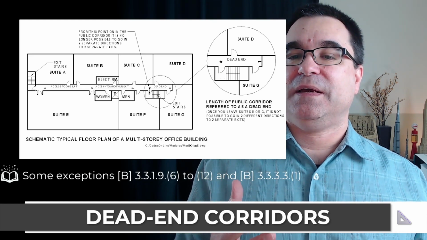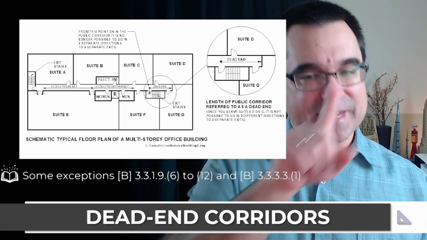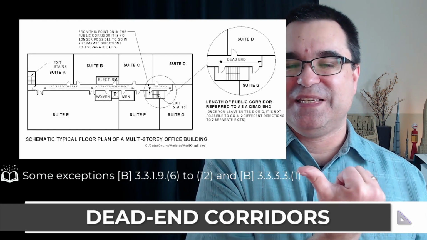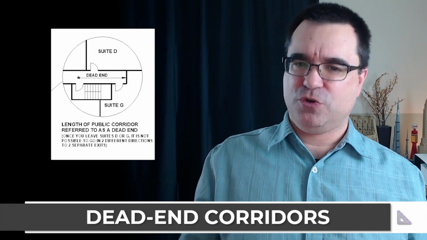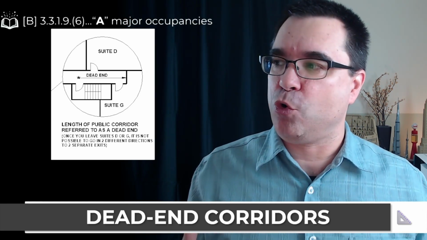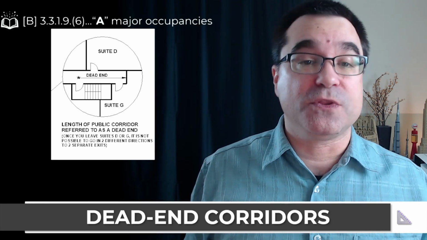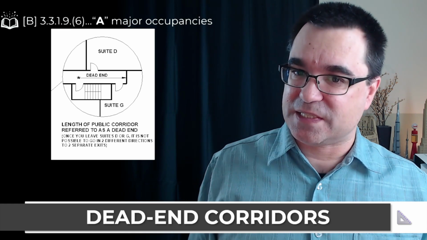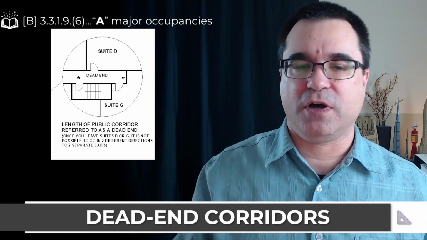Now, dead-end corridors are never allowed except for these exceptions here, which I'm going to cover in a moment, okay? So here are the exceptions to when dead-end corridors are allowed. Let's start with sentence 3.3.1.96 for A major occupancies, so assembly occupancies.